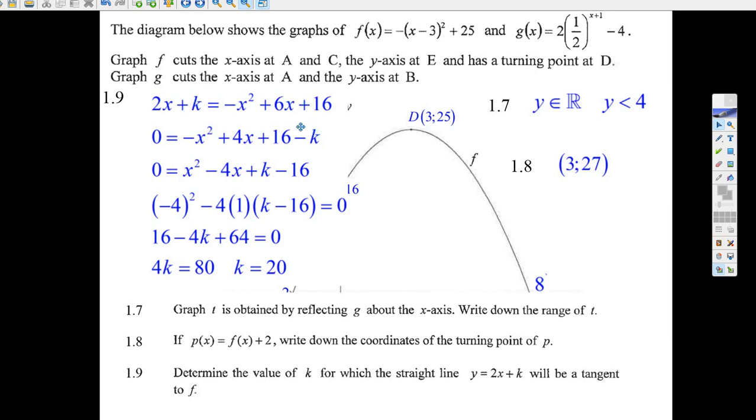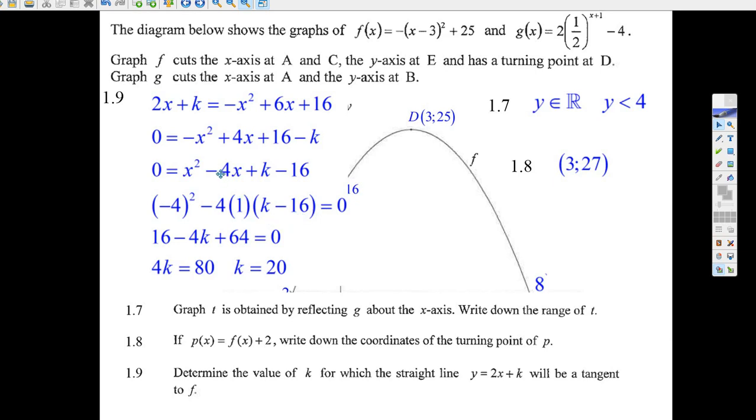Well, I took away k, I took away 2x, I multiplied everything by -1, and now I'm thinking, I want this to have just one solution. Well, that means you get one solution to a quadratic equation when the discriminant, or delta, b squared minus 4ac is equal to 0. That makes equal roots, or one solution.